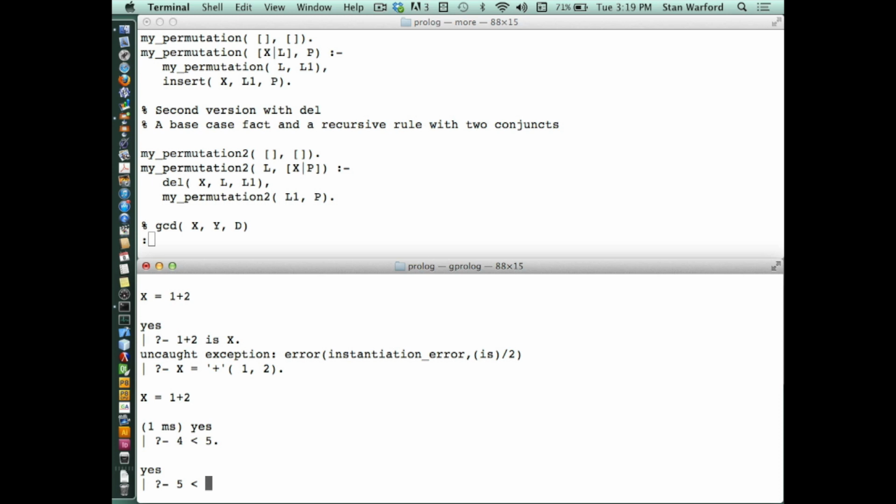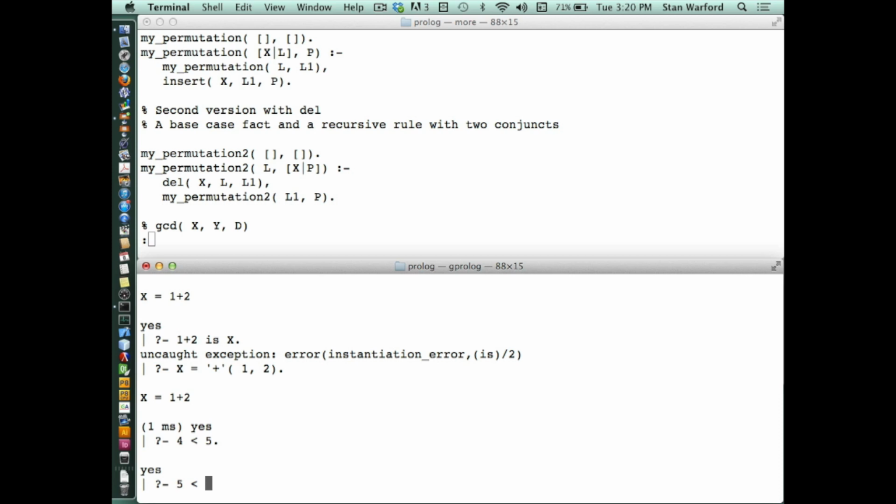I think we had a slide item that showed the list with the quotes around the dot as the functor, because a list is basically nested structures. But anyway, it's just some front end syntax that allows us to put the plus in the middle.